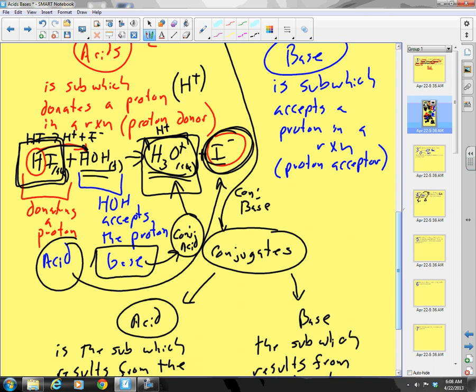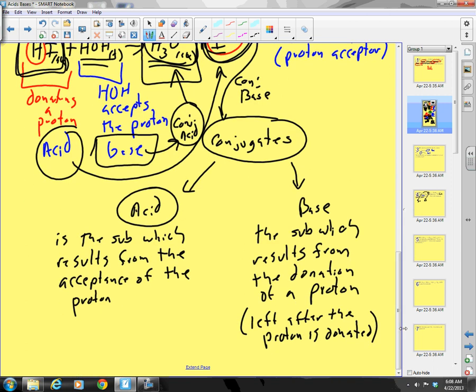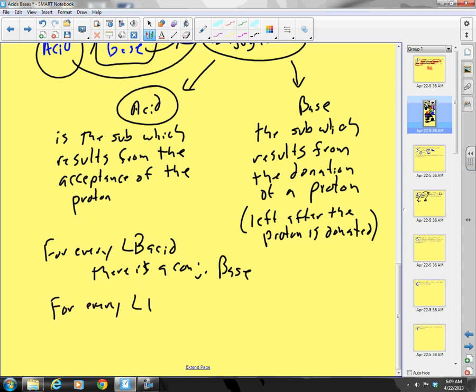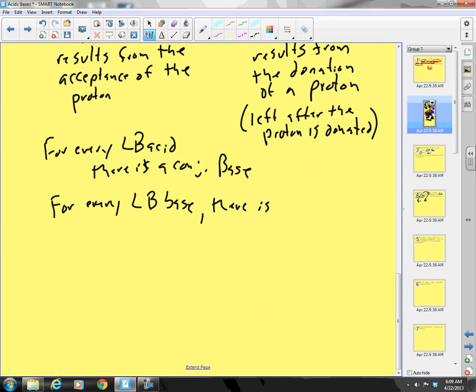Okay. And what's important to know here is, for every LB acid, there is a conjugate base. And for every Lowry Bronsted base, there is a conjugate acid.